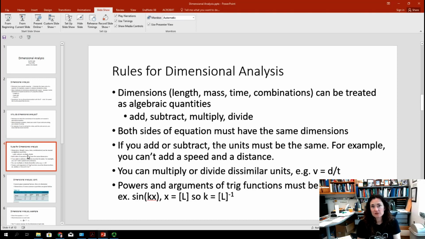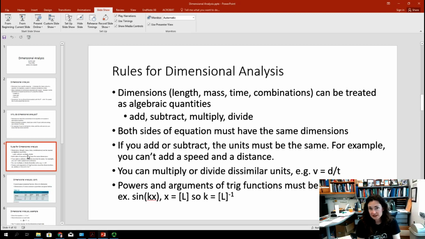If you have a trigonometric function, or you have a power, that bit has to be dimensionless. So for example, let's say you're taking the sine of something, and you're writing sine of kx, okay? x in this case, let's say that it takes the commonly held dimension of length for x, all right? So that means that kx there has to be dimensionless.